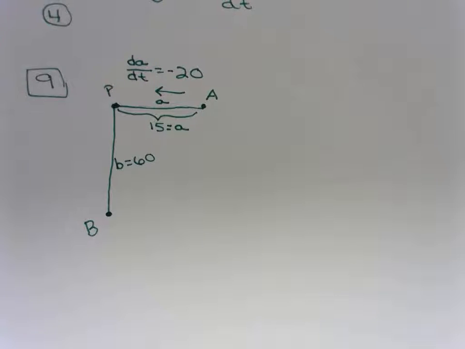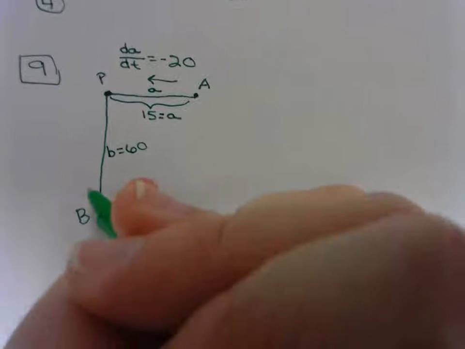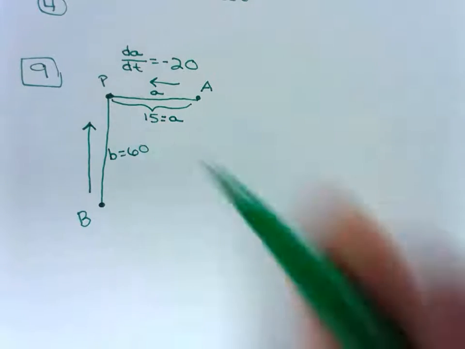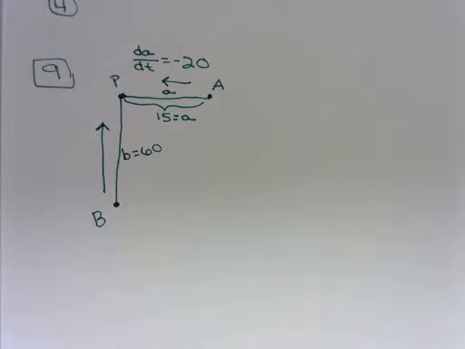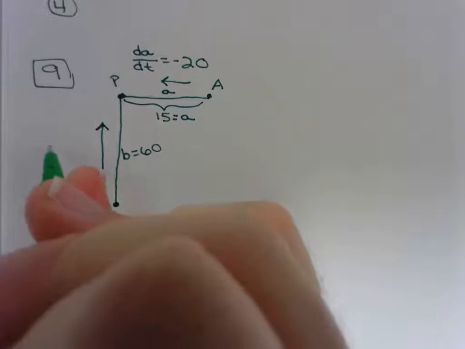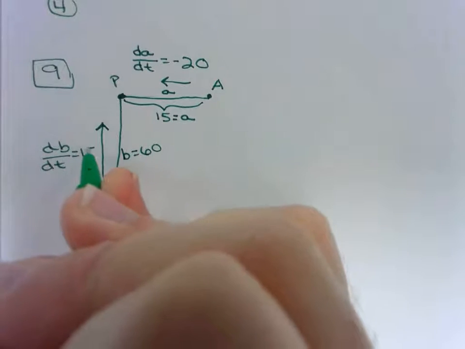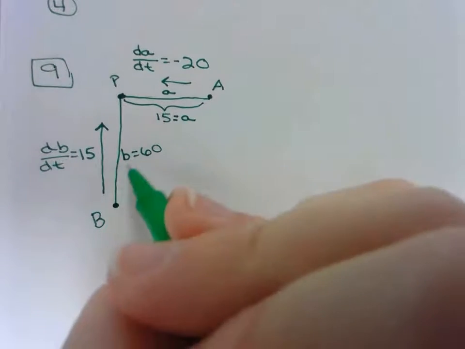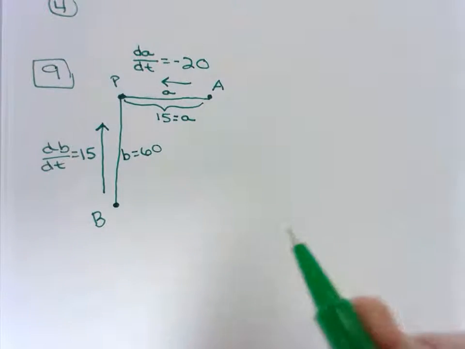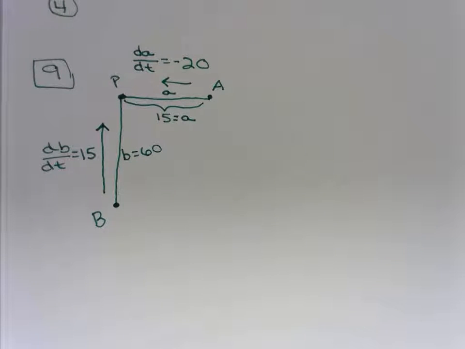And that is moving north at a rate of what? 15, and that is going to be dB over dt, because it's miles per hour. B was the distance in miles, so that is miles per hour, dB over dt. And I'm going up, so that's a positive 15.